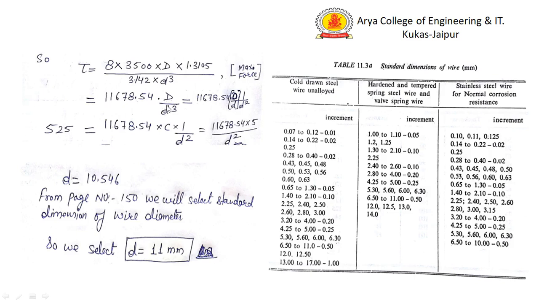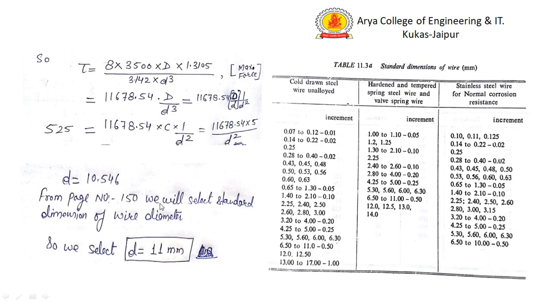We simplify this equation. Here this capital D by small d we can replace by C, and C is 5. So from the stress equation we can find the value of wire diameter d, and it is equal to 10.546. So this is the calculated value of diameter.